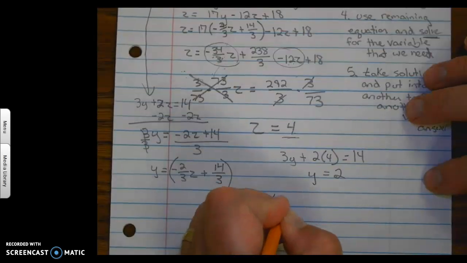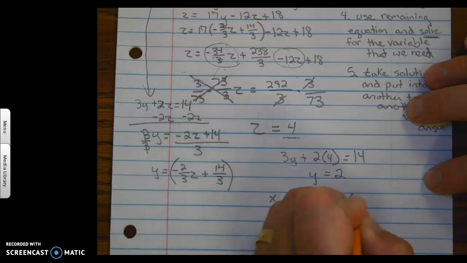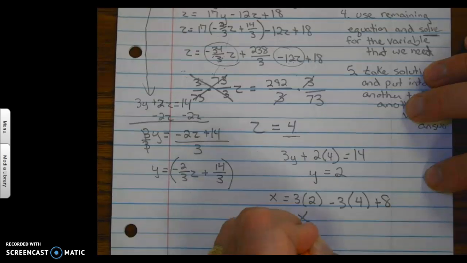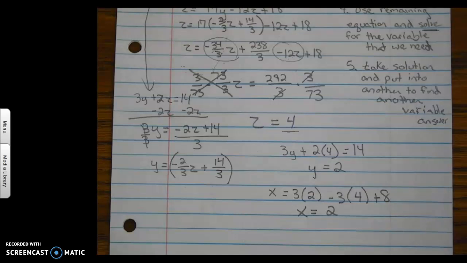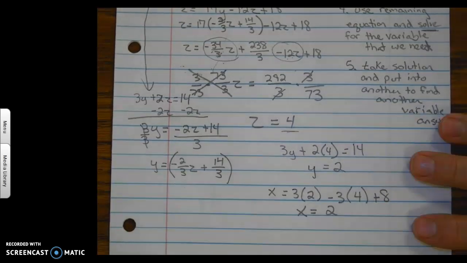So x equals 3, y is 2, minus 3 times z is 4, plus 8, and x equals 2. So now we have solved for x, y, and z.